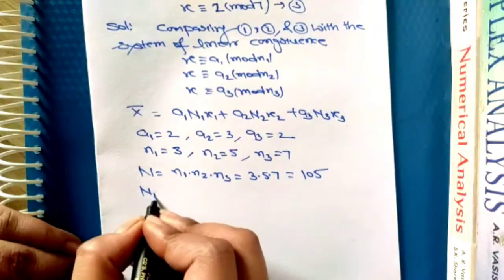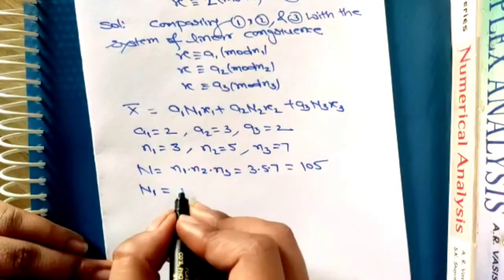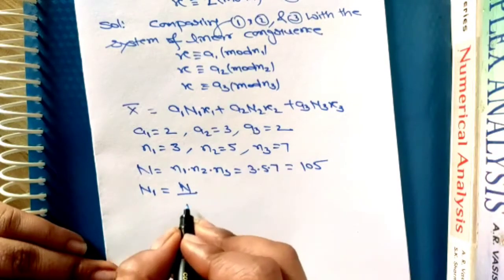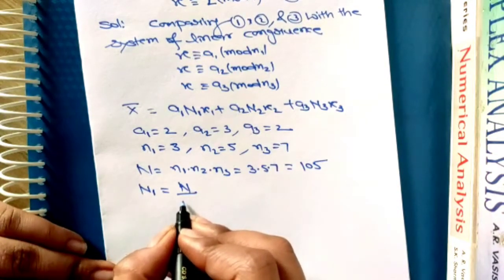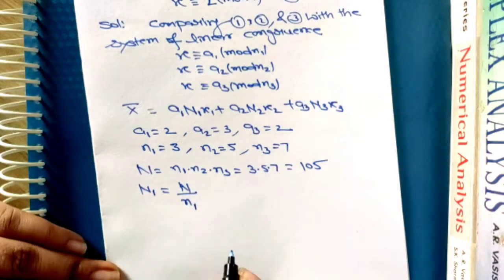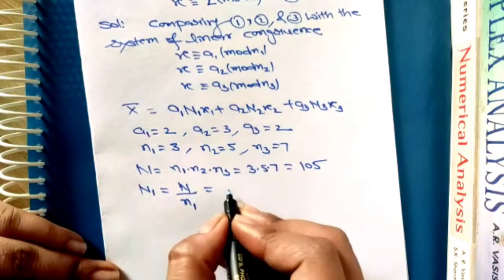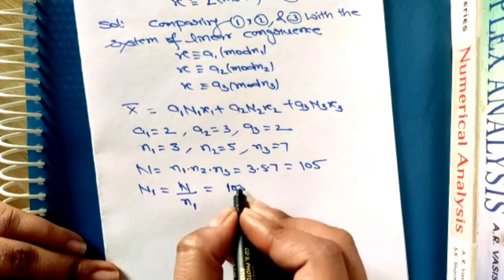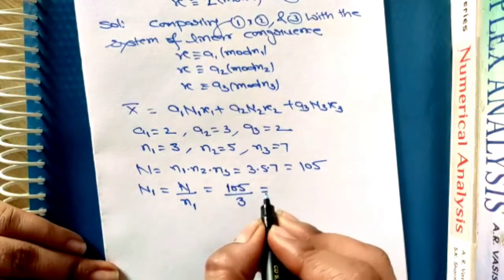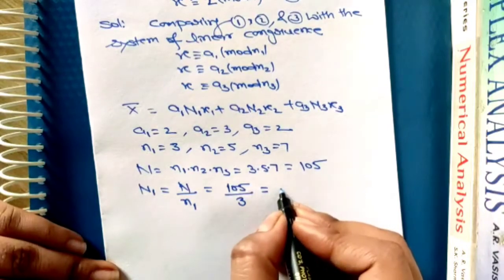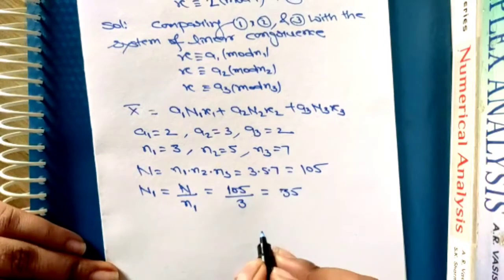Now how will we find capital N1? Capital N1 equals capital N upon small n1. Capital N is 105 and small n1 is 3. After dividing, we get 35.